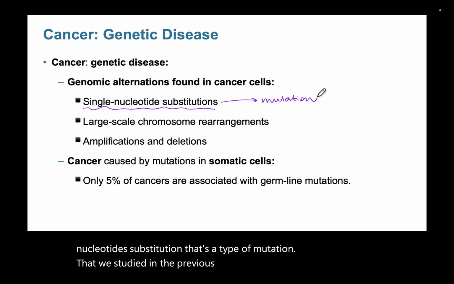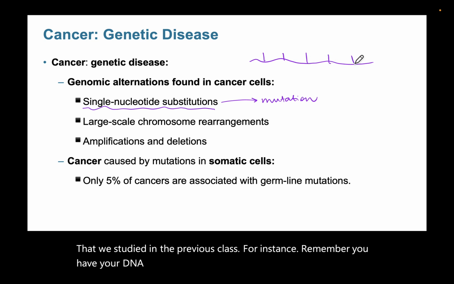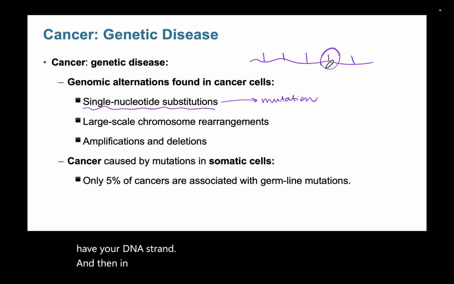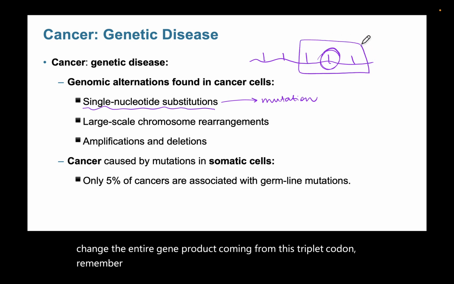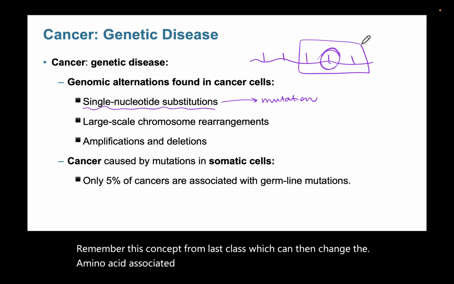Remember, you have your DNA strand, and in that strand one nucleotide is replaced. That can change the entire gene product coming from this triplet codon. Remember this concept from last class? It can change the amino acid associated with this triplet codon, which can then change the protein.